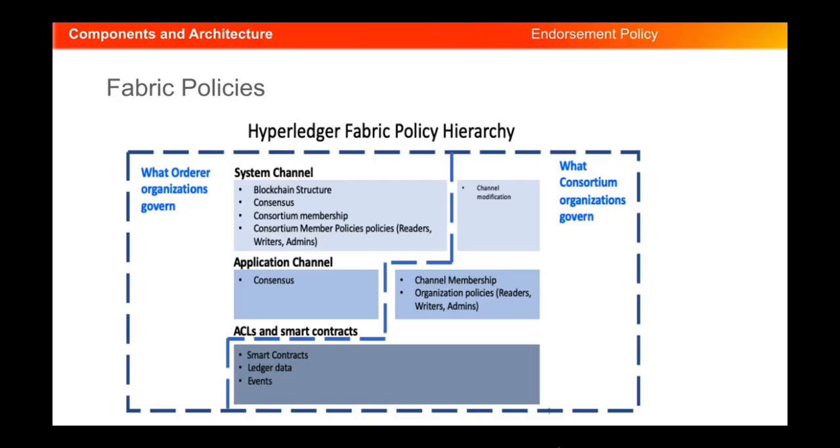On the right side, you can see what the consortium organization governs. The orderer organization governs the system channel and application channel, and the consortium organization governs the other, channel-specific details like channel modification, channel membership, organization policies, smart contracts, ledger data, and events.